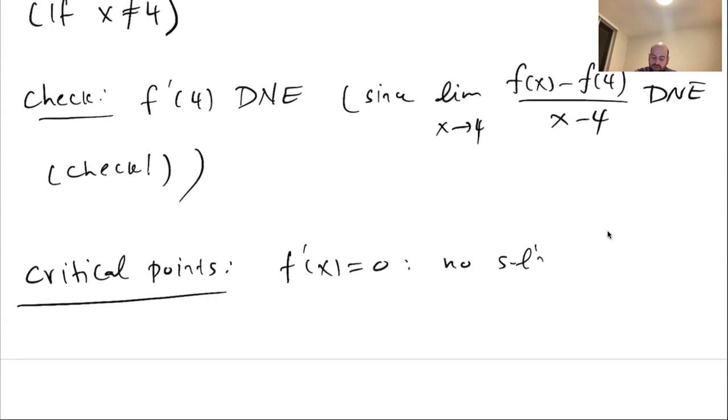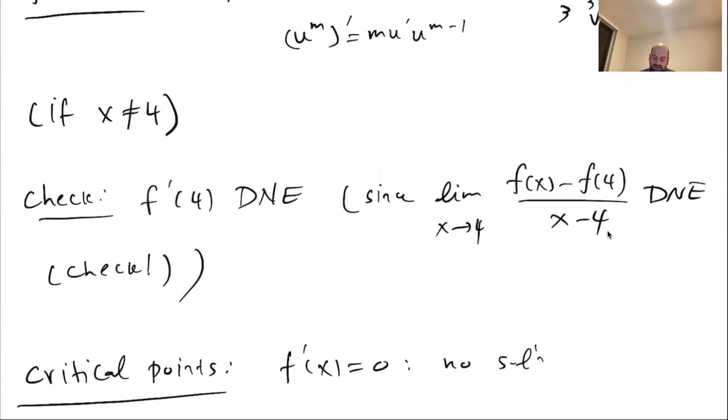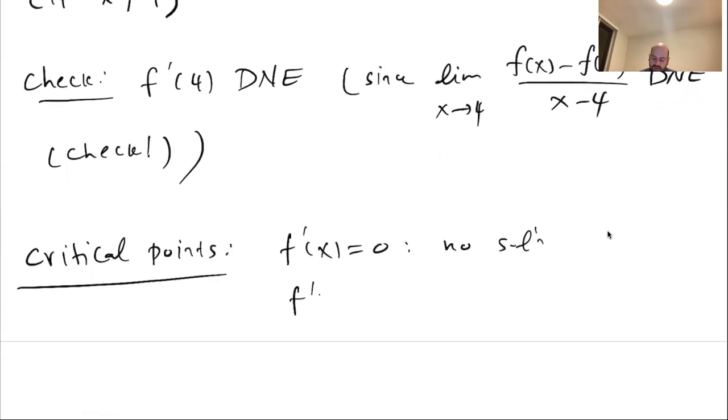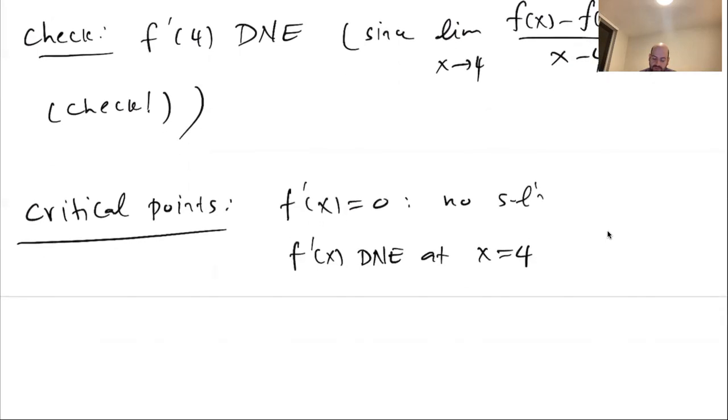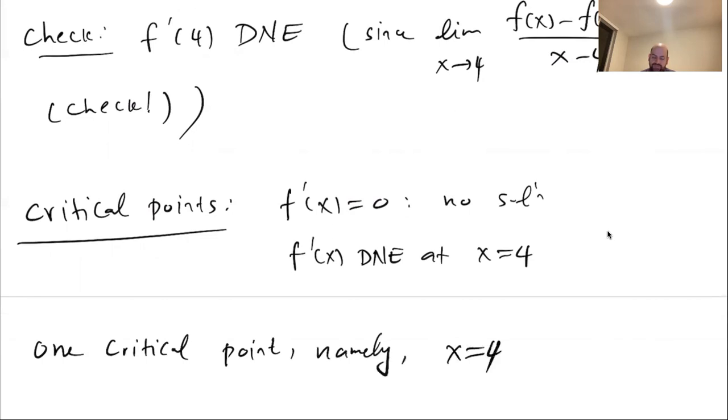But there's only one point where f prime does not exist, and that was 4. So we have one critical point, namely x equals 4.